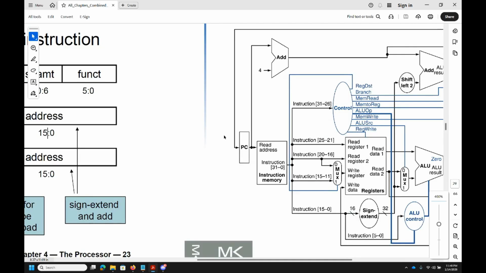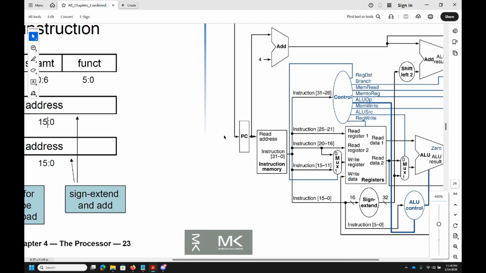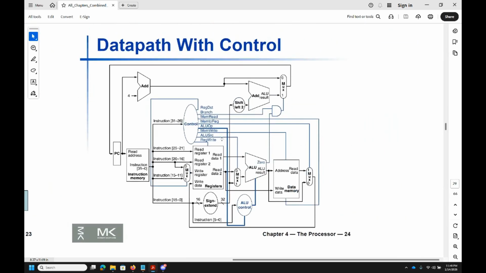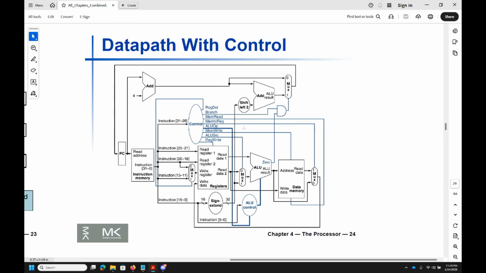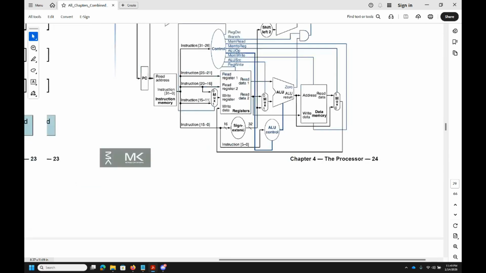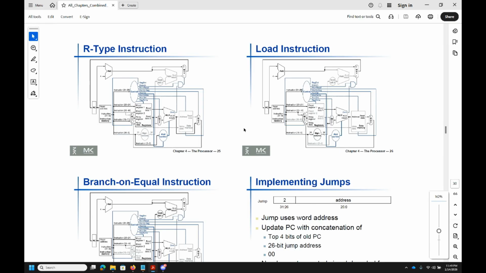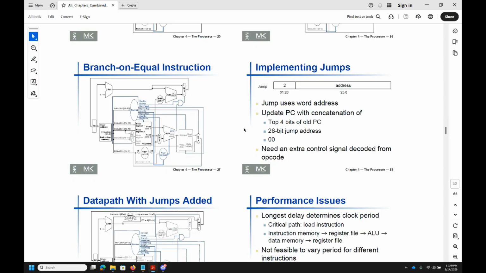Once you add in the control lines to be able to do loop instructions and if conditions and all that, you end up with something like this. And it's already looking quite complicated, but that's because modern day processors are very complicated, right?